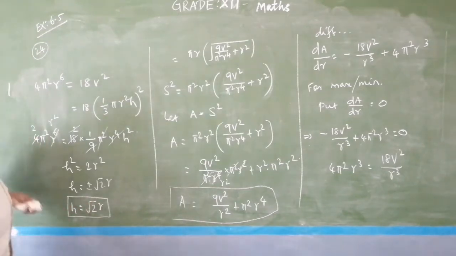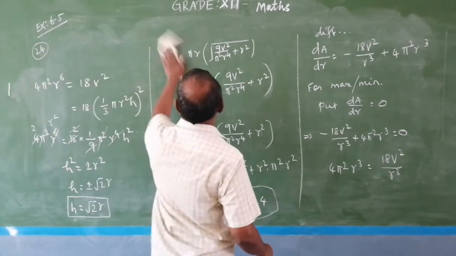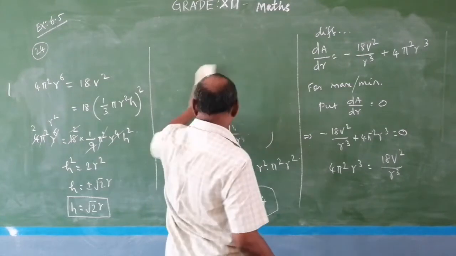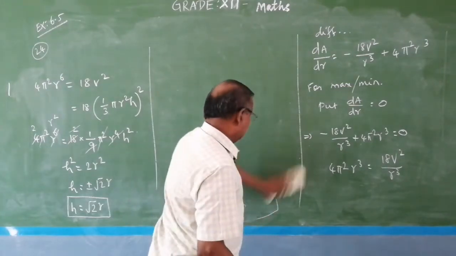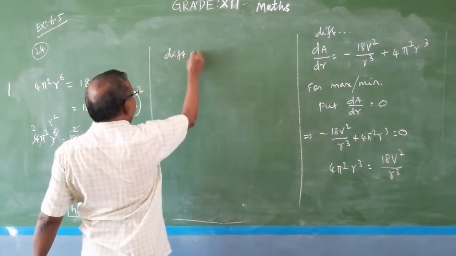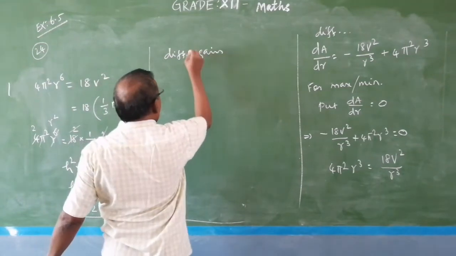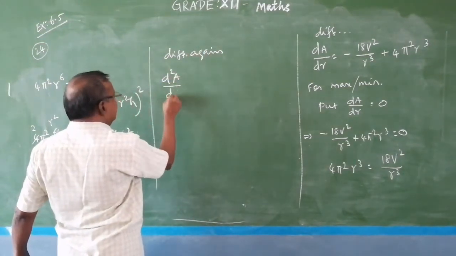Now we have to show that the curved surface area is minimum when h equals root 2 r. Now differentiating again, we have d square A by dr square.